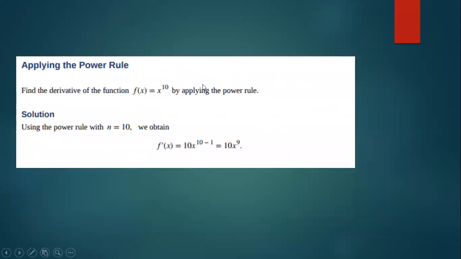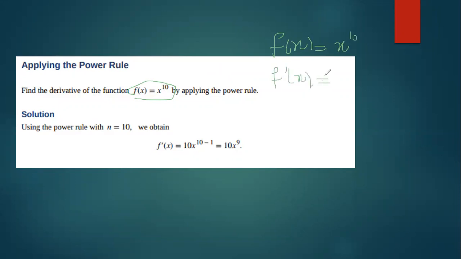Okay, so apply the power rule. Simply apply the power rule to find the derivative of the function f(x) = x^10.